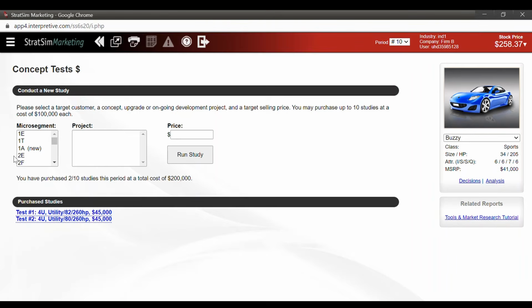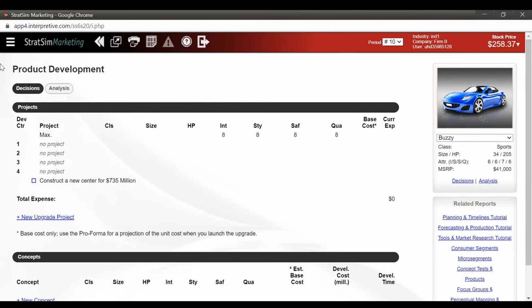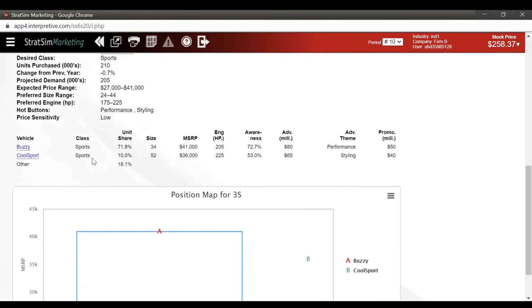Concept test. Concept test is going to help the most at the very beginning when you're about to launch a new vehicle. I'll give you a good example here. You need to have a project in this area. For that, you go to product development, and we're going to choose a utility vehicle. Why a utility vehicle?